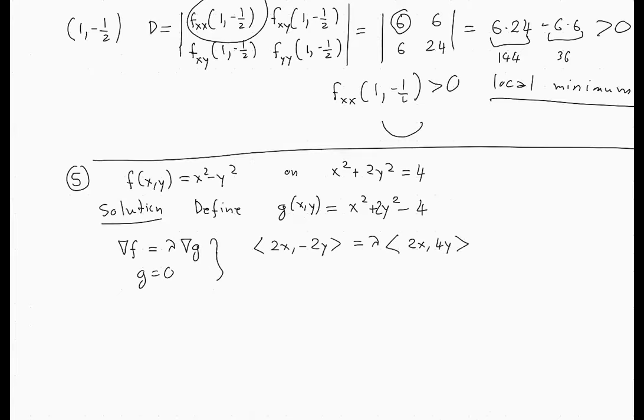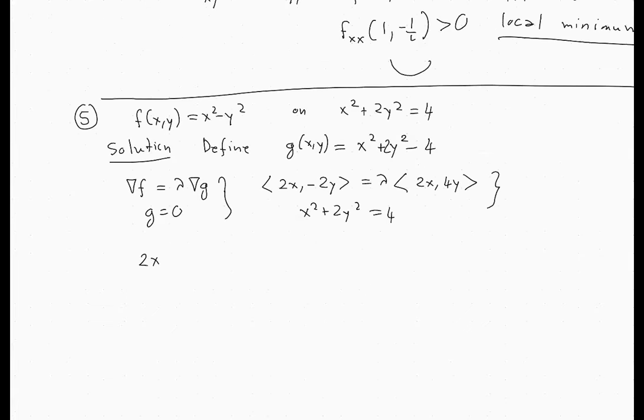Okay, so what is the system that you get? 2x is equal to 2 lambda x, and negative 2y is equal to 4 lambda y, and x squared plus 2y squared is equal to 4. How do we solve such a system? There are different ways to solve such a system, but usually you want to come up with equations that are simpler, that have fewer unknowns.